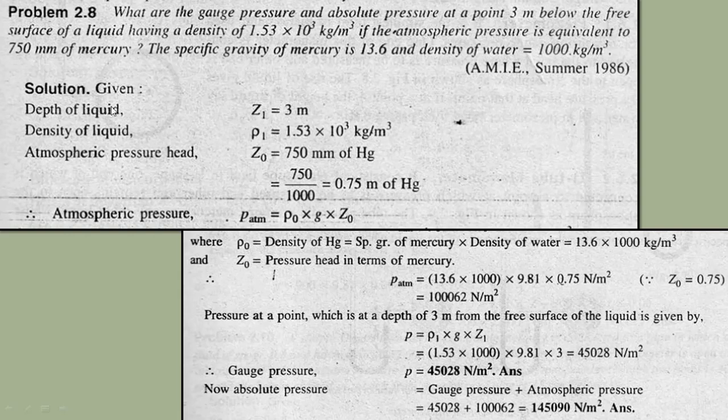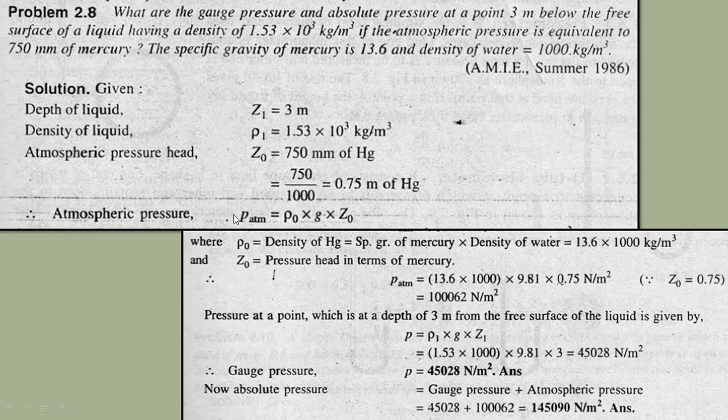So here the given data: Z1 is equal to 3 meter, density of liquid ρ1 is equal to 1.53 into 10 raised to 3 kg per meter cube, atmospheric pressure at Z0 is equal to 750 mm of mercury. So Z0 is equal to 750 divided by 1000, which is 0.75 meter of mercury.